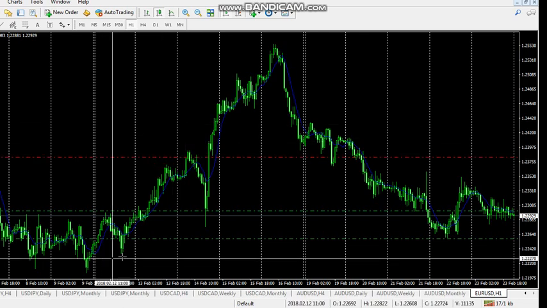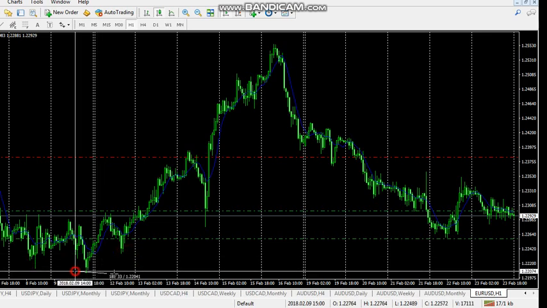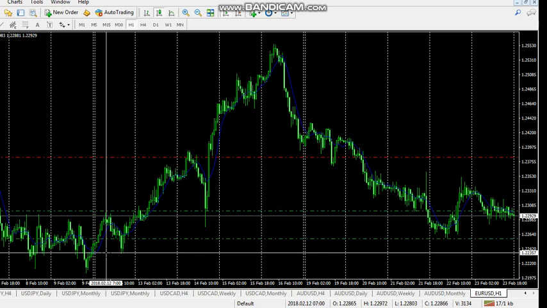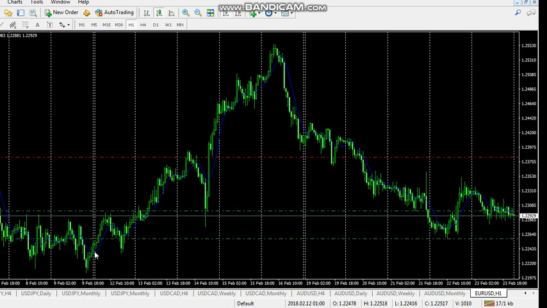Okay, we start there. This price 1.223 is a resistance price, and the moving average is there.